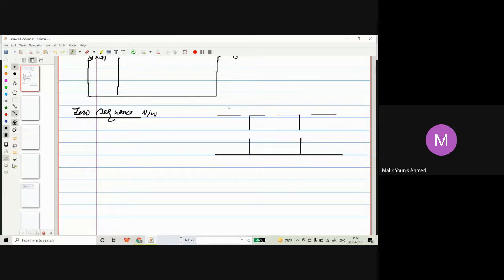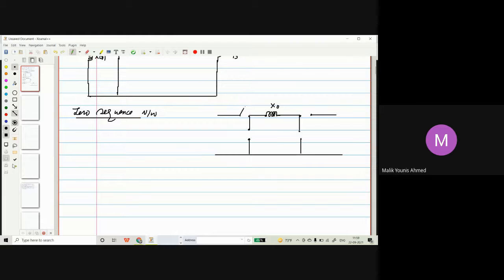For a zero sequence network, we will draw like this. Sorry, this is not a switch, this is the reactance, the zero sequence reactance, impedance or reactance, whatever you want to write, X naught. These are the switches. Let me draw these switches now.